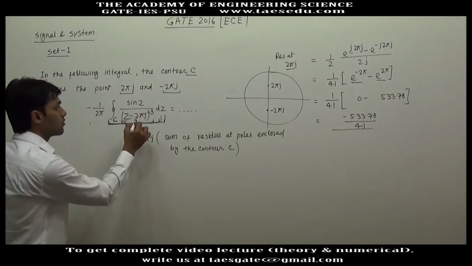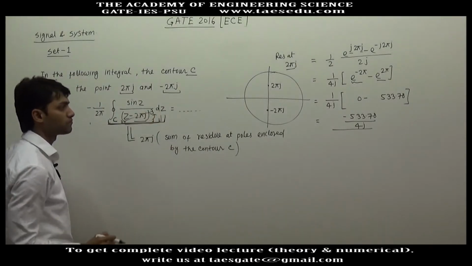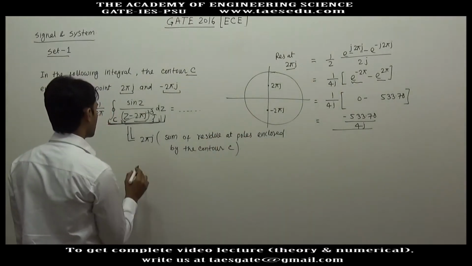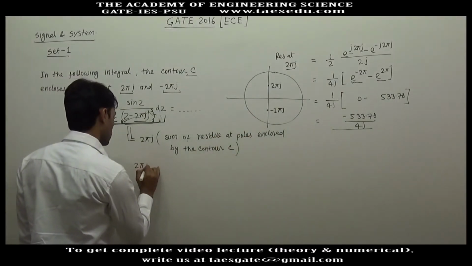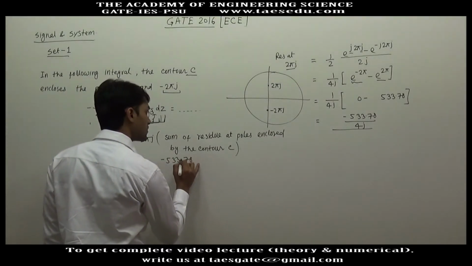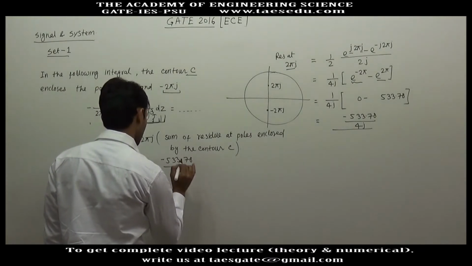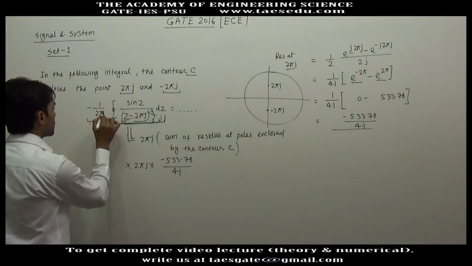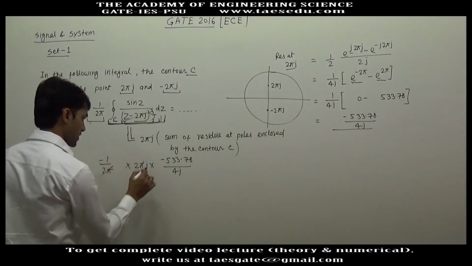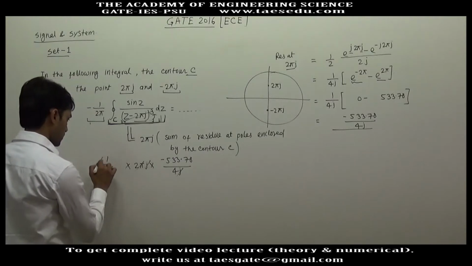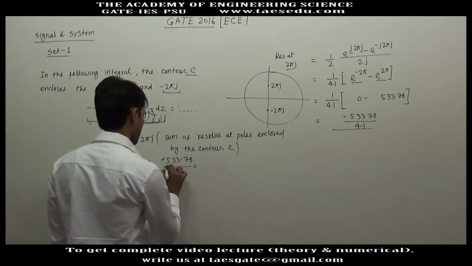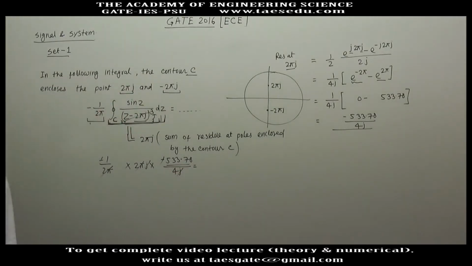Here we have only one pole, although it has a degree of 3, and the residue is given by that equation. So this will be 2 pi j into minus 533.78 divided by 4j, and here we have minus 1 by 2 pi. So this 2 pi will be cancelled, j will be cancelled, minus and minus will be cancelled. So we will have 533.78 divided by 4.